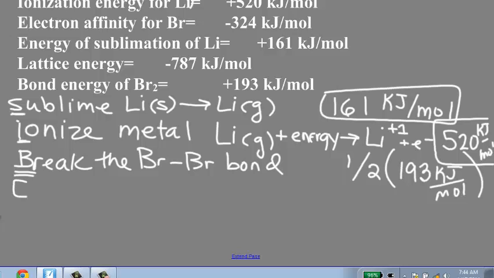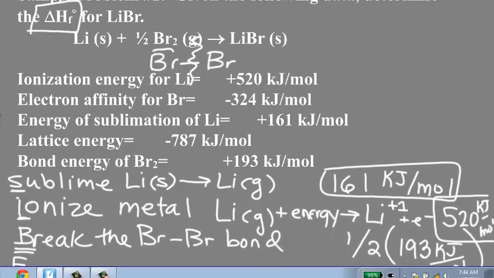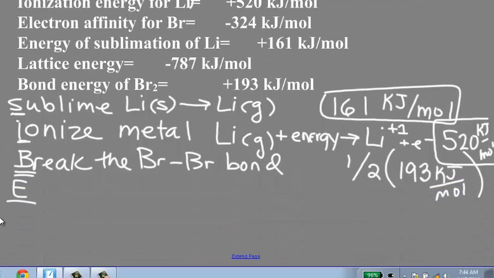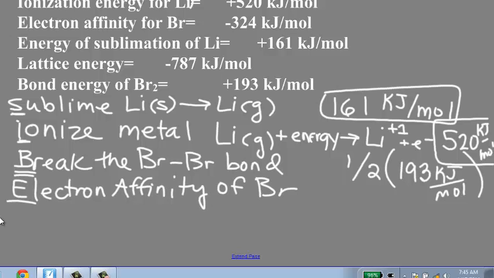And then the E, now we'll have Br by itself. And again, we don't have to turn it into a gas because it's already a gas here. Now we have Br by itself, and we need to make it gain an electron. So that's the electron affinity. And that should be negative.